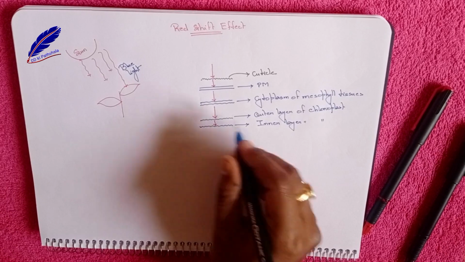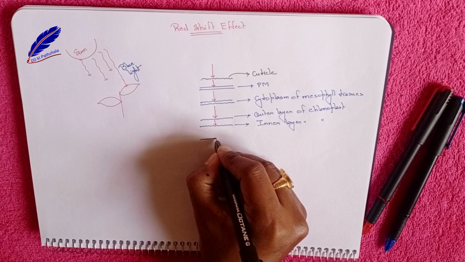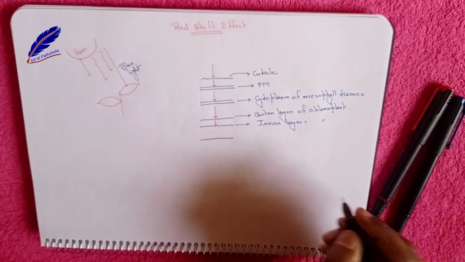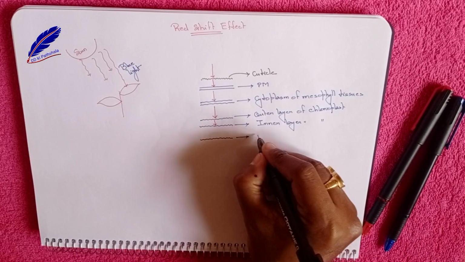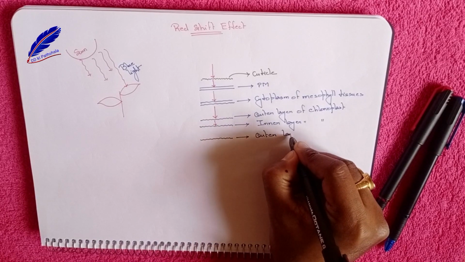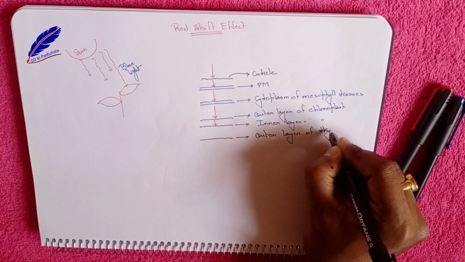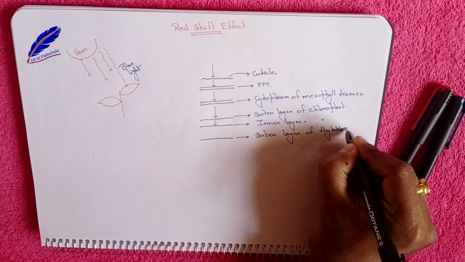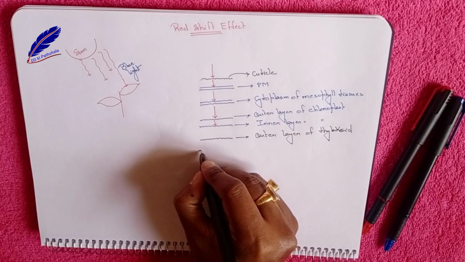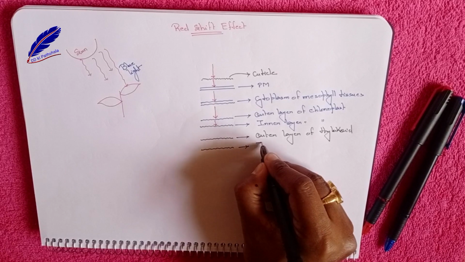it is entering into the thylakoid. For entering the thylakoid, it has to first cross the outer layer of the thylakoid, then it has to come to the inner layer of the thylakoid.